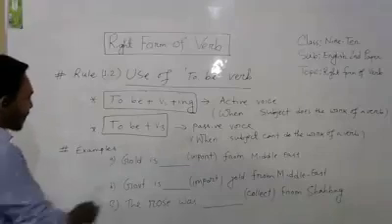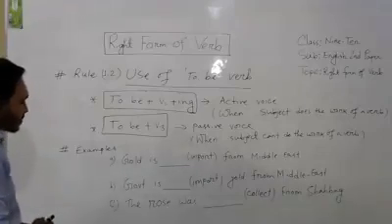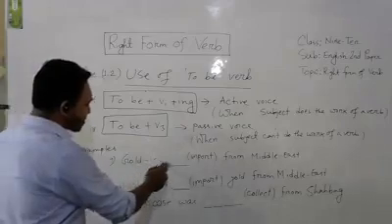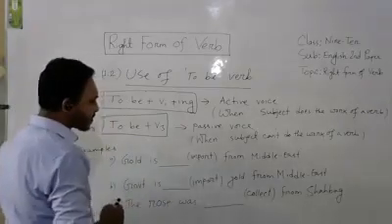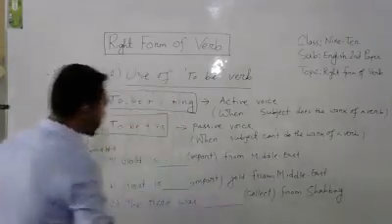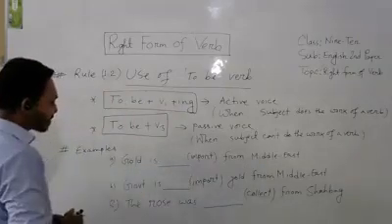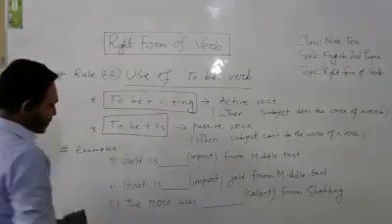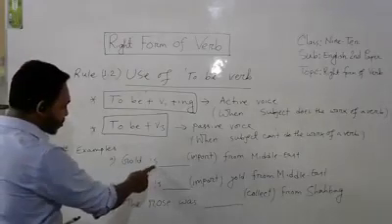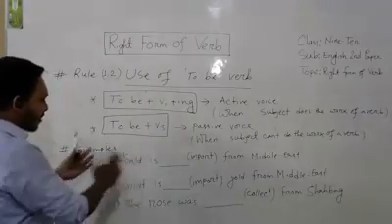Now I'm showing you some examples. Look, number one, gold is imported as the main verb from Middle East. So we see that gold is the subject, and here I have used to be verb.